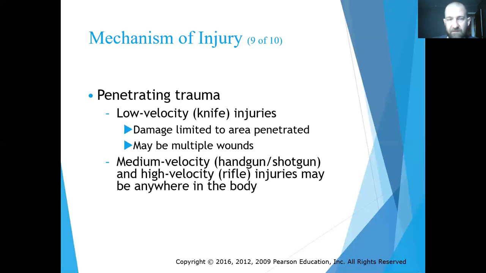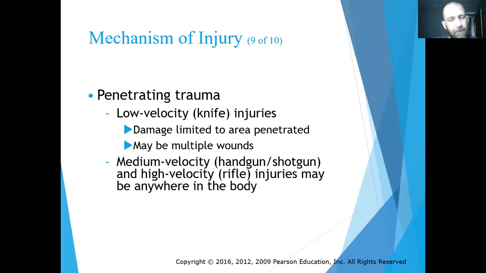You could have somebody that's shot in the arm, and the bullet takes a turn and comes out their lower leg, right? So everywhere along that path, there's injury.